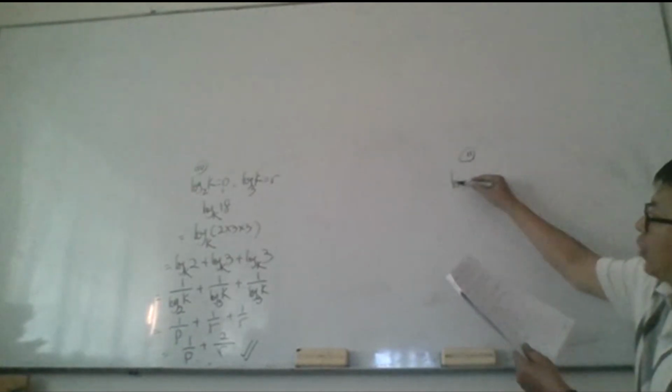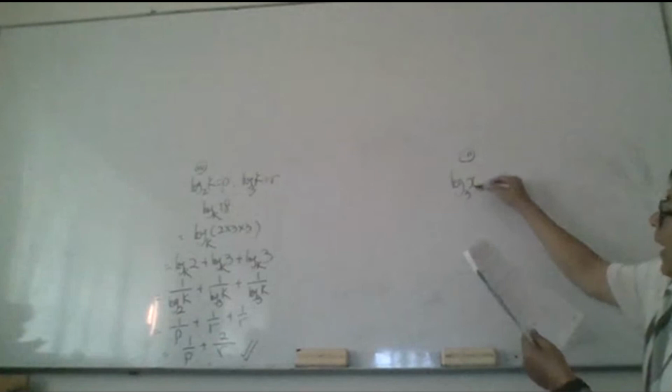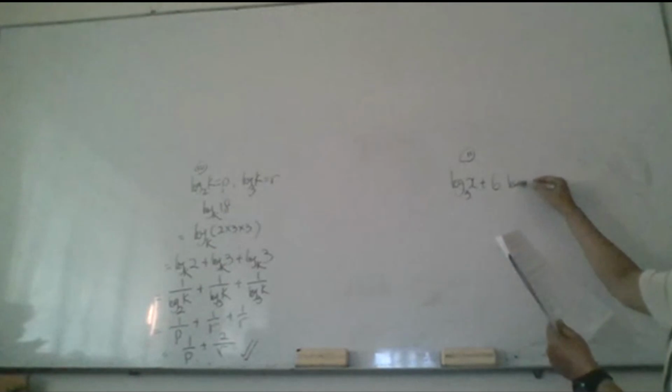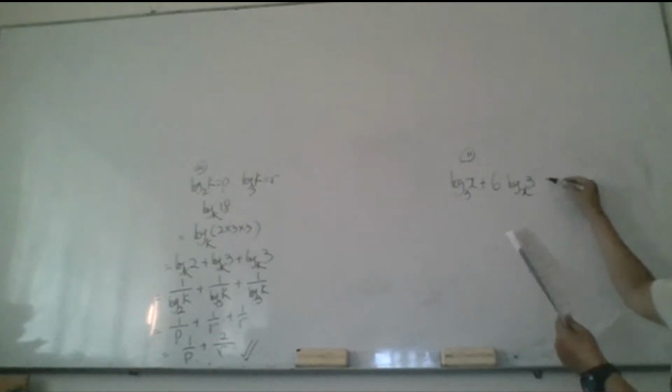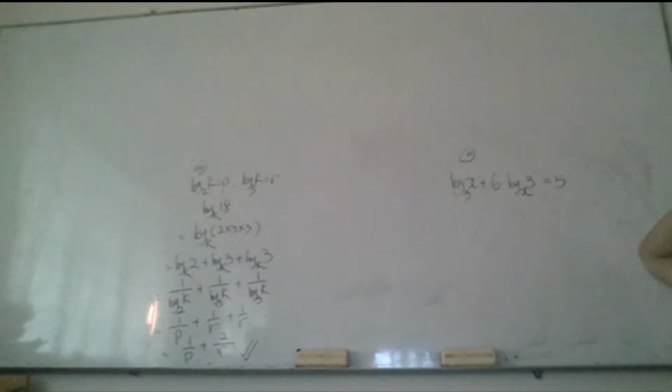In the question, they put log 3 x plus 6 log x 3 equals 5. When you look at the question, there are different bases: this is base 3 and this is base x. In this question, we can interchange x and 3, right? This is 3 x, this is x 3.